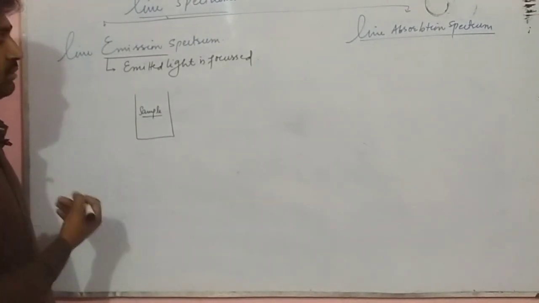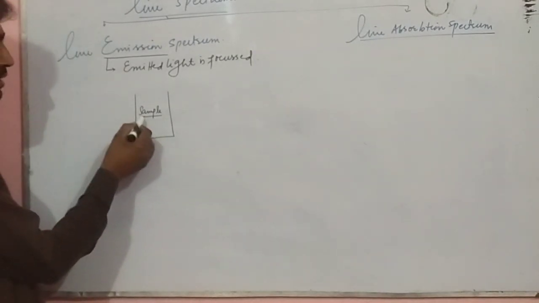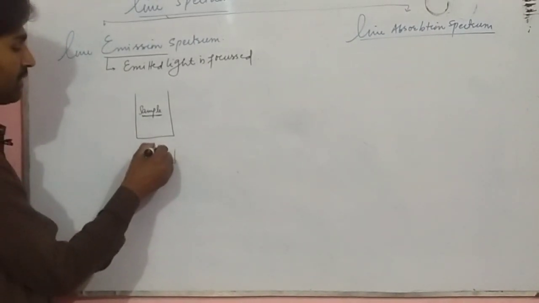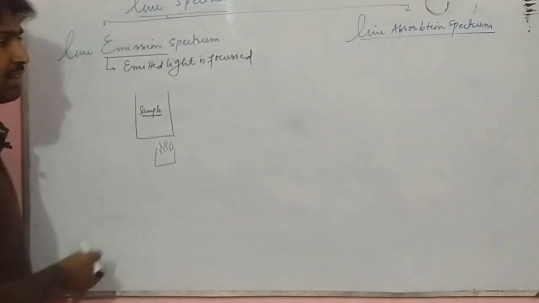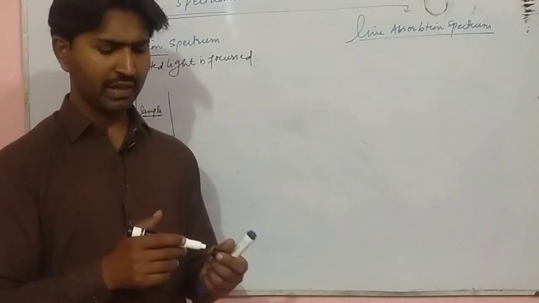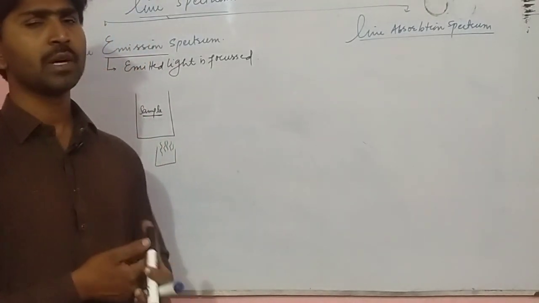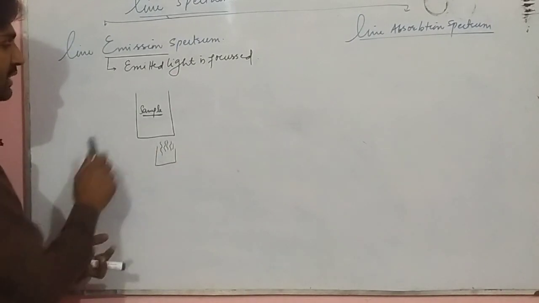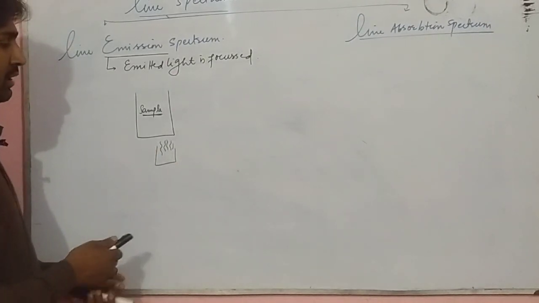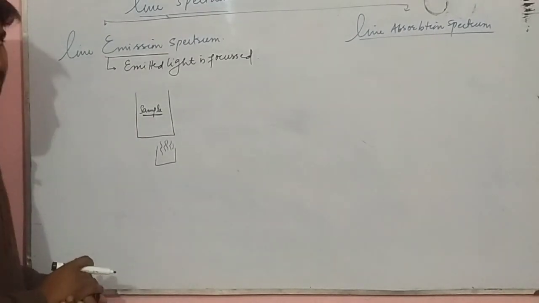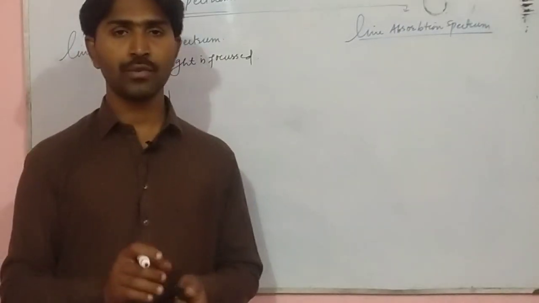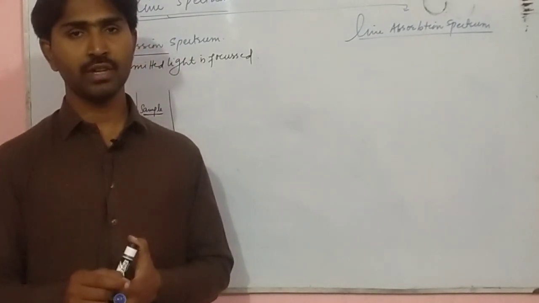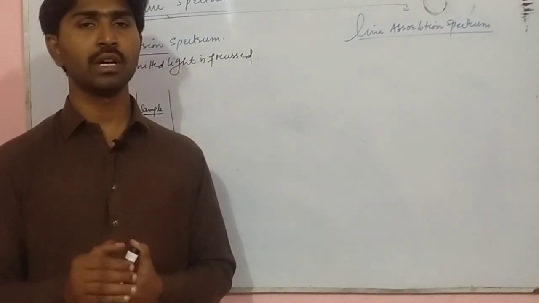This sample we have to excite, or heat. We provide heat, or we may excite it by other means such as providing electricity. Whatever method we take, we excite the sample of gases. When the sample absorbs the heat, the electrons get excited to their higher energy levels.